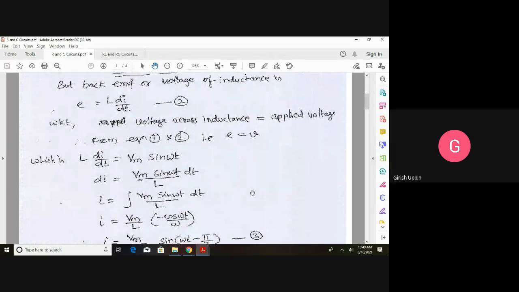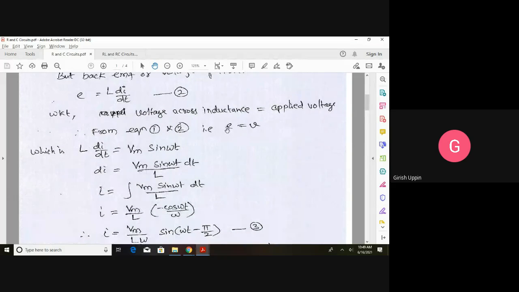Then substituting the e and V values, that is e is L di by dt is equal to Vm sin omega t. So if I take dt and L to the right hand side, what I will get is Vm sin omega t into dt divided by L. And in this equation, what is Vm?